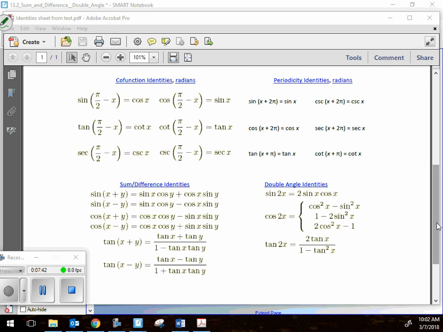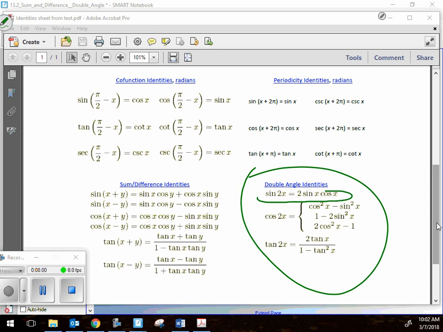How about the double angles? They're right here. There's a list of them. We aren't going to expect you to memorize all of them, except I will tell you that on the AP tests, there are a few that they figure are likely that they would expect you to know and wouldn't tell you. This is one of them, probably because it's just so easy. Sine of 2 theta is the same as 2 times sine times cosine.